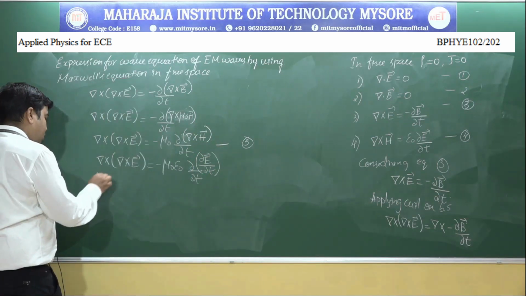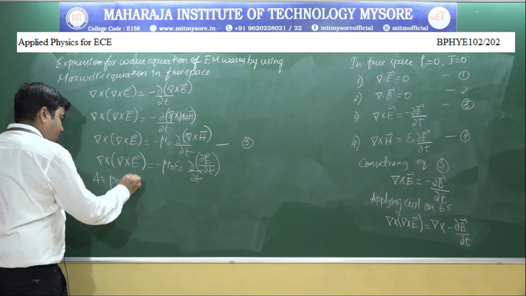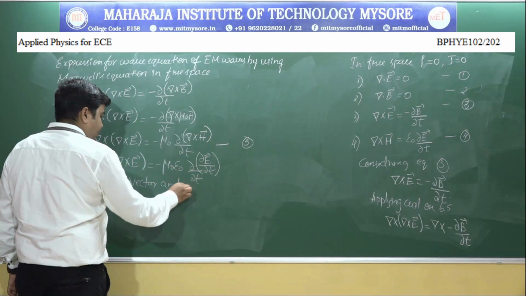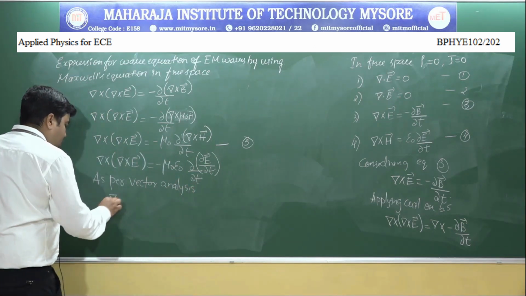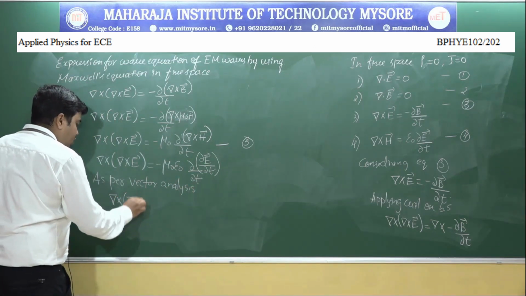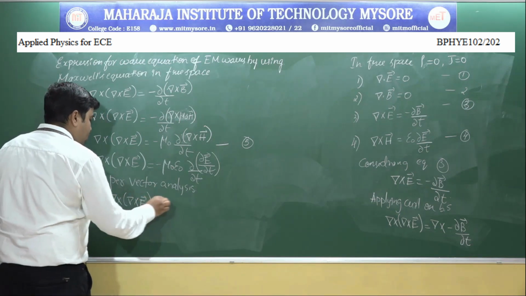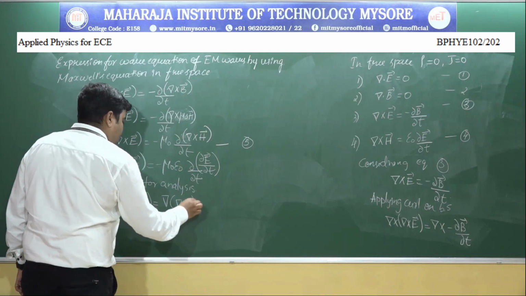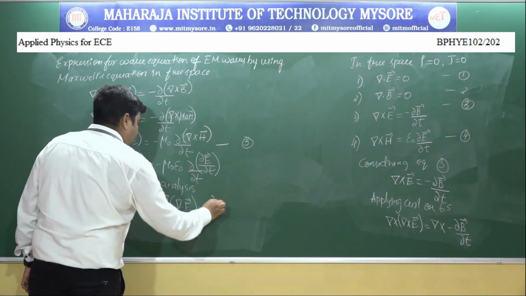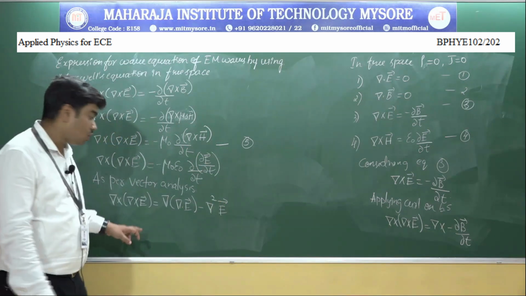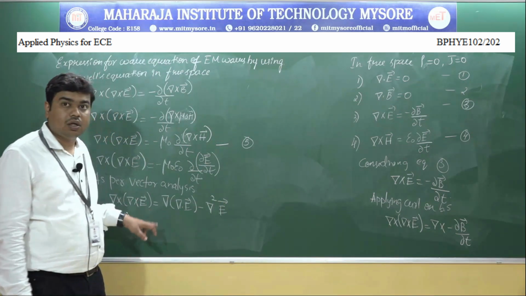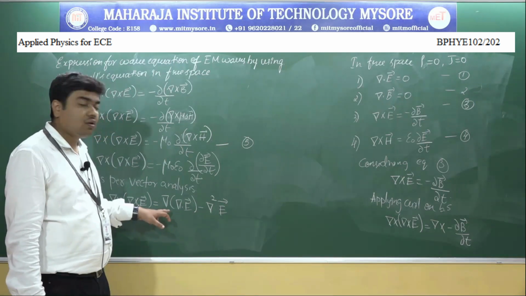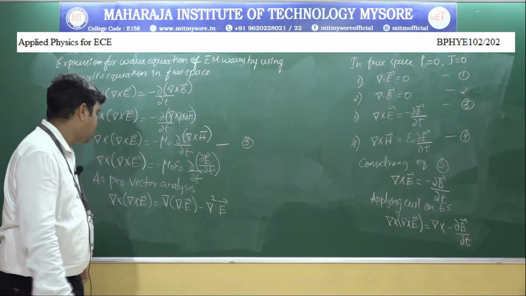From vector analysis, del cross del cross E becomes del dot del dot E minus del square E. This is according to vector analysis, which says that del cross del cross E is equal to grad of del dot E minus del square E. So, we will substitute this in the above equation.